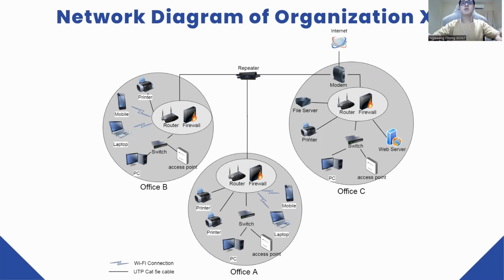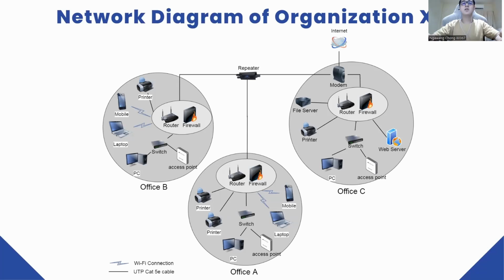In this case, Office C is the hub and Office A and B are the clients. This greatly improves the reliability of the network, since even if one client is down, the system still works.